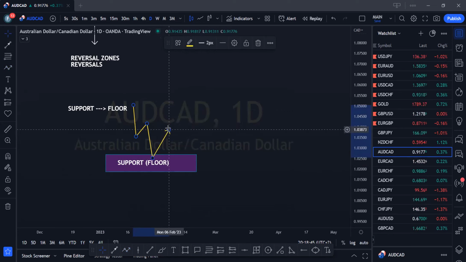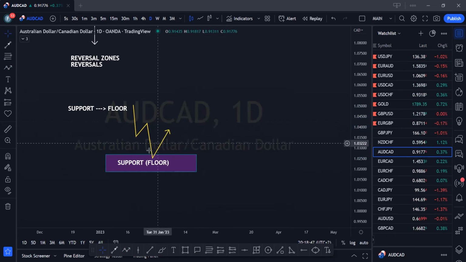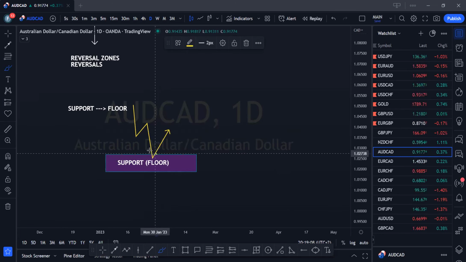A reversal means a change in direction. So price was coming downwards, and then suddenly you see that price got to a particular point in the market, and then you see a sharp reversal. You cannot miss it. You see that there's a change in movement. So what happened is that over here, price hit a support. Okay, so that's a support zone.